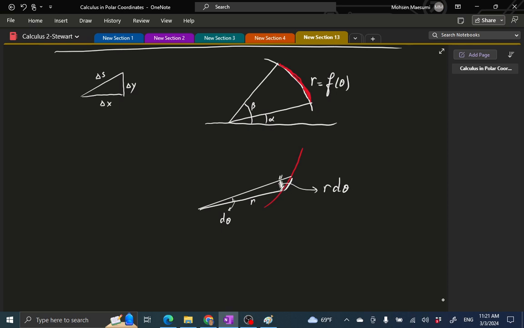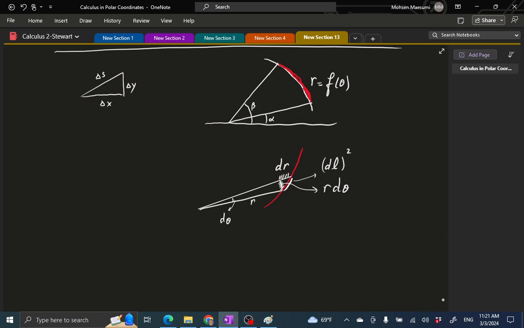How about this length? Well, r is changing, and as we go up or down, there's going to be a differential of r indicating how r is changing. Now, the arc length in front of this angle, let's call it dl.